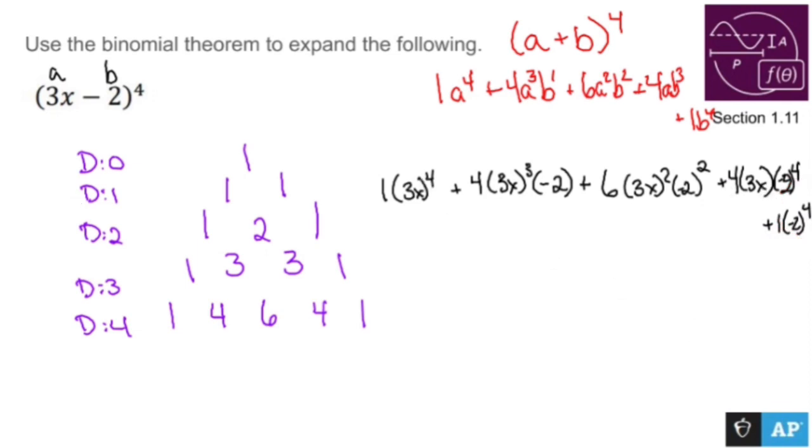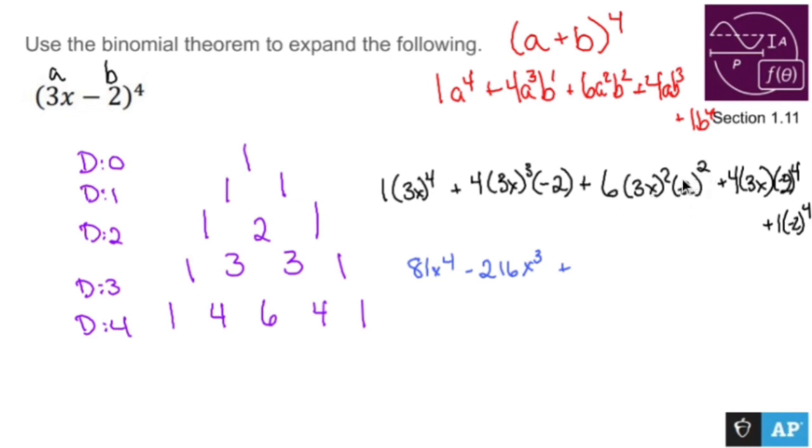And then you simplify that, which I don't need near as much space for. 3 times 3 times 3 times 3 is 81, and 81 times 1 is 81, so 81x to the fourth, plus 3 times 3 times 3 is 27, 27 times 4 is 108, 108 times negative 2 is negative 216, so let me get rid of that plus sign and make it minus 216 x to the third, plus 3 times 3 is 9, times 6 is 54.